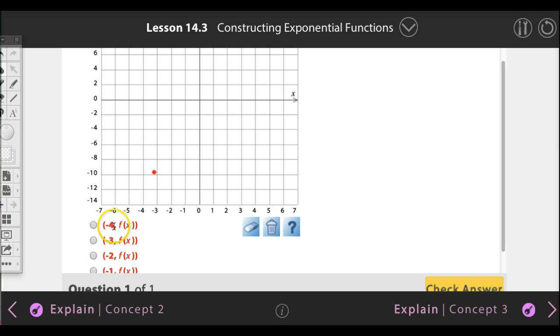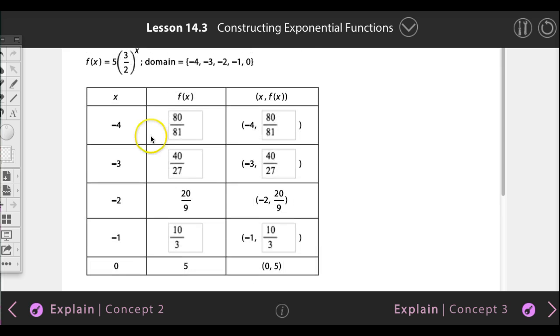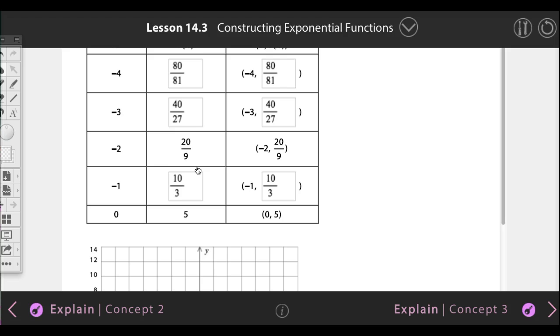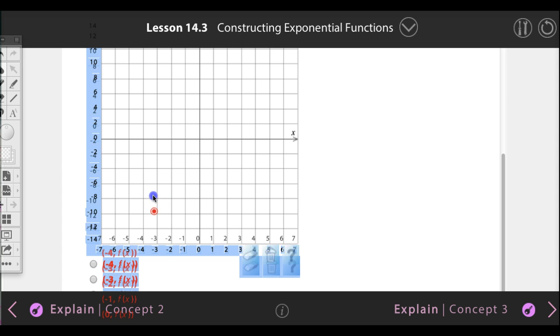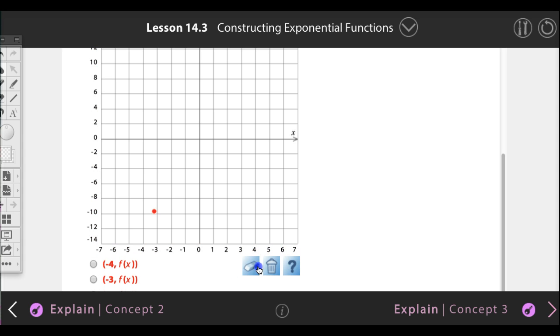So I'm going to be at -4 comma what? Let me see. It's going to be at -4 comma 80 over 81. That's a little bit less than 1. So my x value is -4, and then, uh-oh, how come it's not moving? Oh, because I did it wrong. I'm gonna erase that. Oh, can I move it?